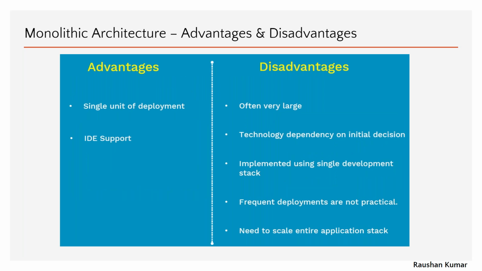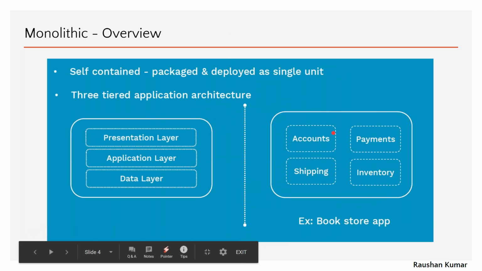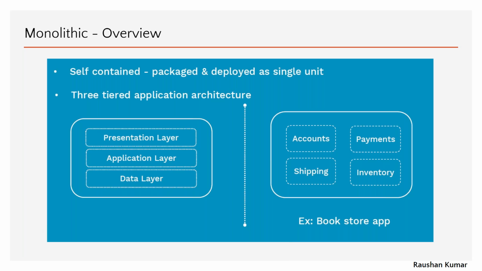Implemented using a single development stack. As I mentioned, it is the same thing. Frequent deployments are not practical, obviously. All are tightly coupled, right? Even for a small bug, suppose a person has found a minor bug in the accounts section, they are not going to deploy the fix at that moment.